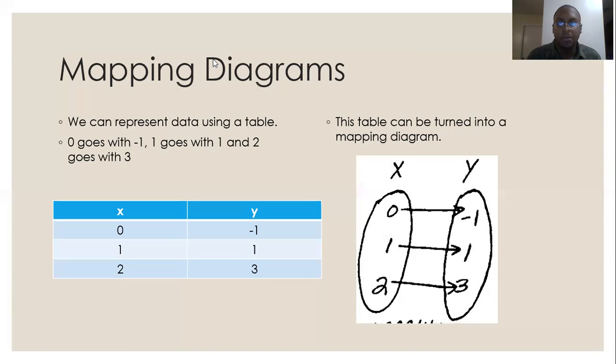Now, let's talk about this mapping diagram thing. If we look at this table here, it tells us that we have 0, 1, 2 for X and -1, 1, 3 for Y. So if we think about it logically, 0 goes with -1, 1 goes with 1, and 2 goes with 3.